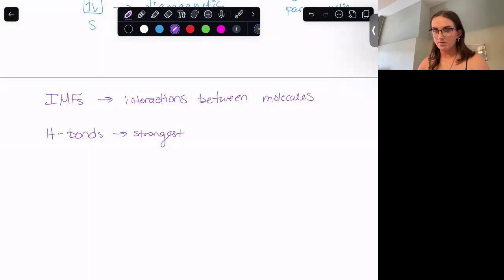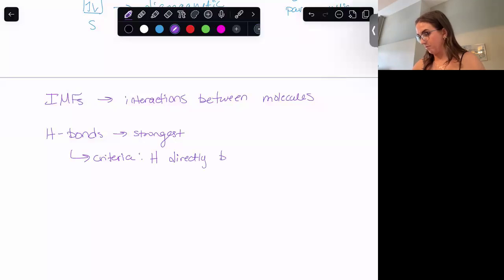What creates a hydrogen bond? Perfect. Yep. We need to have an H directly bonded to oxygen, nitrogen, or fluorine.